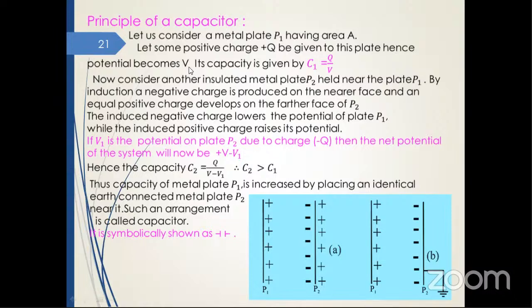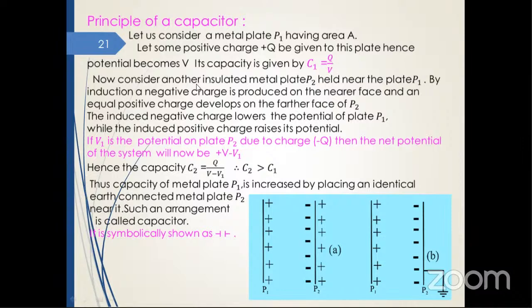Let this charge, positive Q, be given to this plate, and hence the potential becomes V. First of all, we find the capacitance for this plate P1 as per the definition, Q divided by V. Therefore, C1 is equal to Q divided by V.